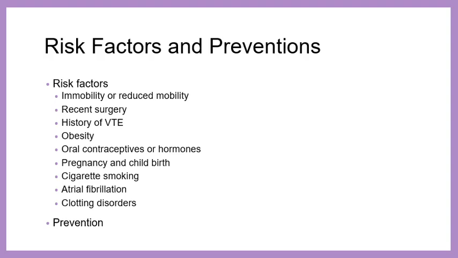It is not uncommon for someone who's pregnant to have a PE, especially in the later stages of pregnancy, when that baby's grown and their uteruses are really big, so we can have some compromised flow. So this certainly can happen. It can happen after childbirth. Cigarette smoking gives us increased risk. Atrial fibrillation.